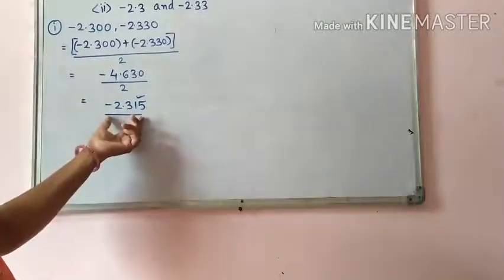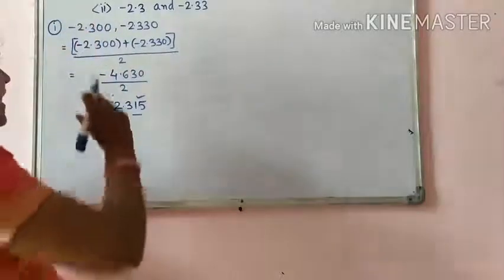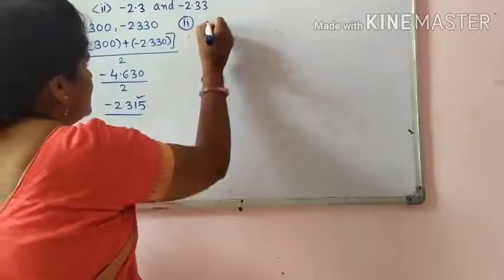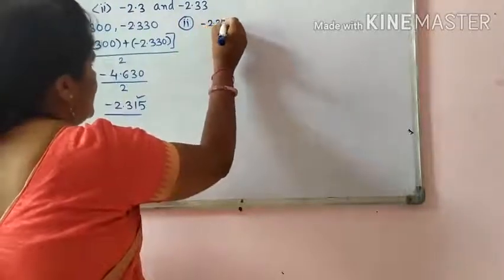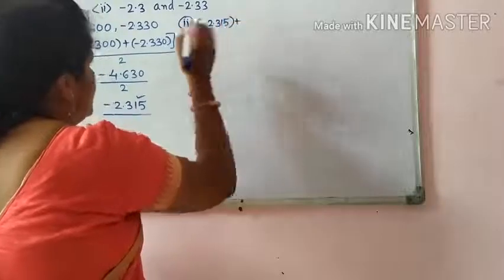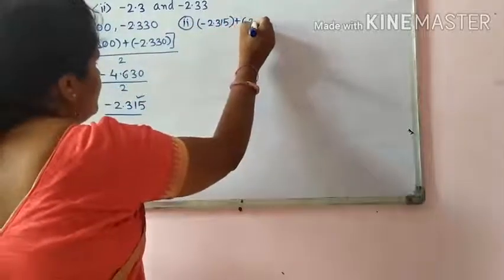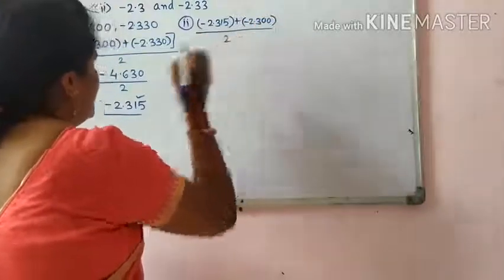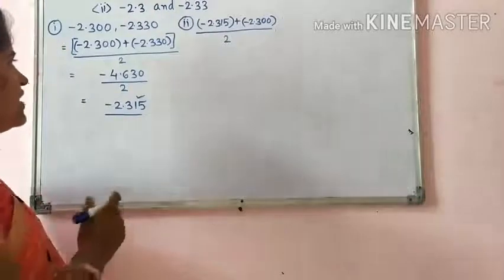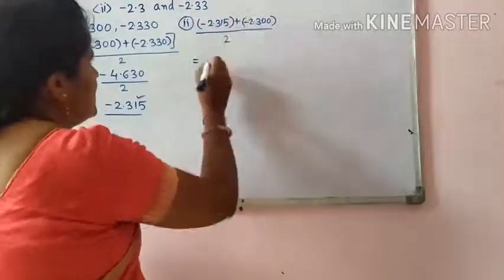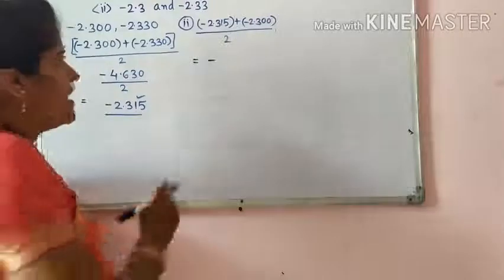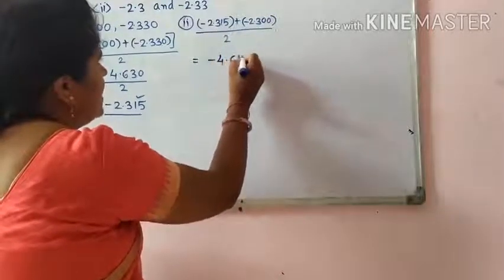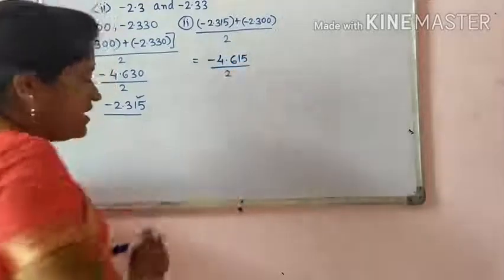आता आपण याच्यातला आणि ह्याच्यातला पहिल्या नंबर ह्या दोन्ही मधला रॅशनल नंबर शोधू. Now second one: minus 2.315 plus minus 2.300. हे दोन्ही मधला आपल्याला आता काय करायचं आहे रॅशनल नंबर शोधायचा. सो दोन्हीचे चिन्ह मायनस असल्यामुळे बेरीज काय येणार आहे मायनस 4.615 divided by 2.